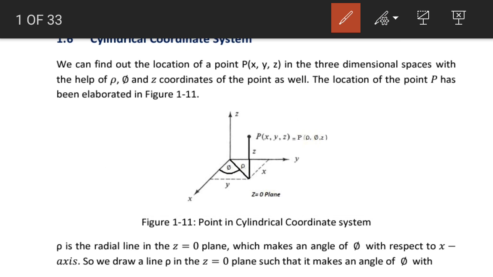So basically we connect this point to the origin of the rectangular coordinate system, and this red line is represented by r, and the angle of this line with respect to the z-axis is represented by theta. Let me consider this radial line rho once again, along the y-axis, and if rho is along the y-axis, then phi will be equal to 90 degree.